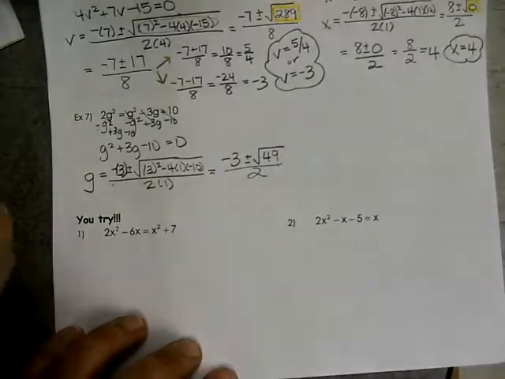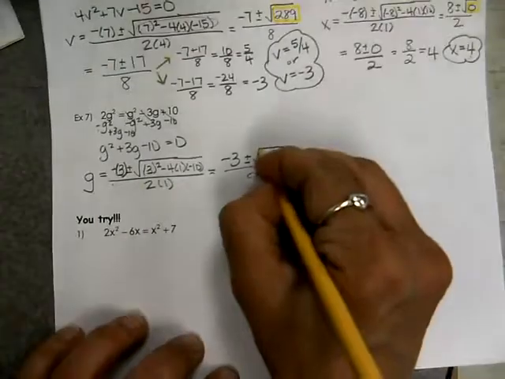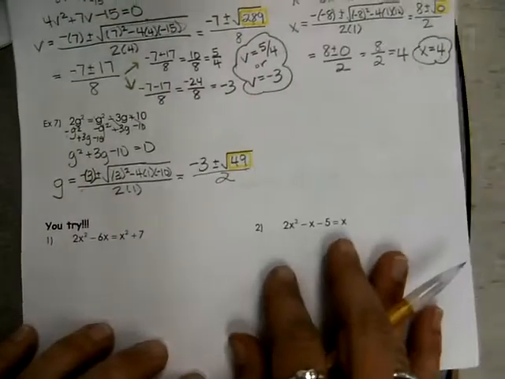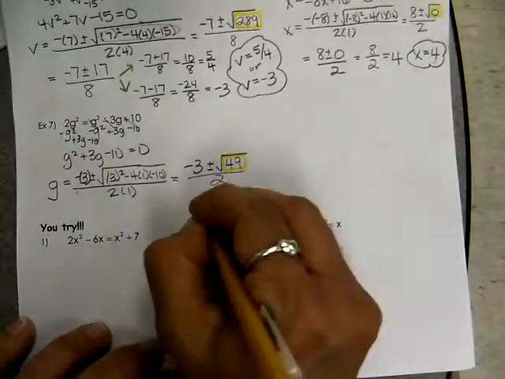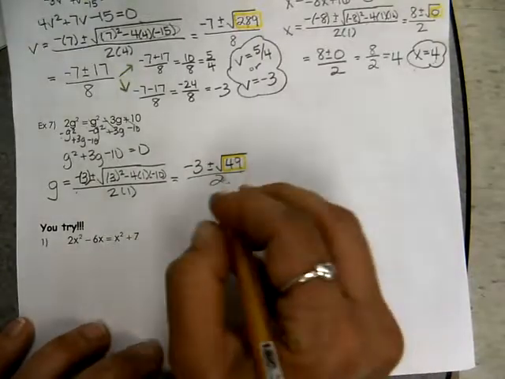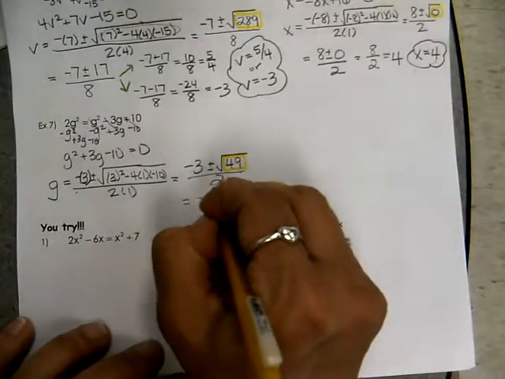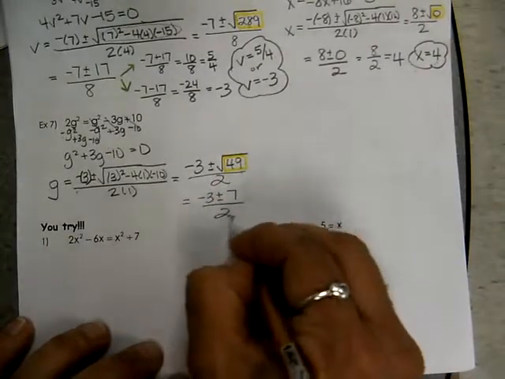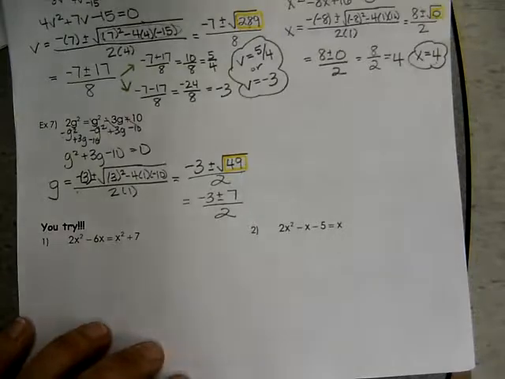So, is 49 a perfect square? It sure is. What's the square root of 49? Just plain 7. So, that means that we could rewrite this as negative 3 plus or minus 7 over 2. Remember, the square root of 49 is just plain 7.